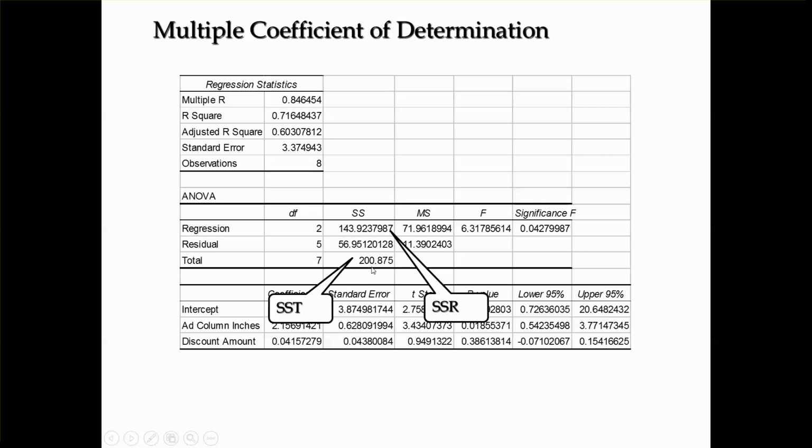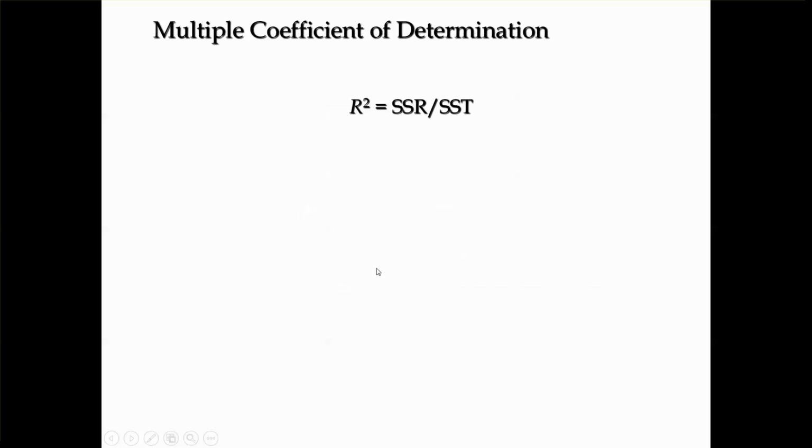So this is SST. If we want to calculate the coefficient of determination, we use SSR divided by SST, and we will get our R square. After you do the calculation, you use 143 divided by 200, and you should get 0.7165.